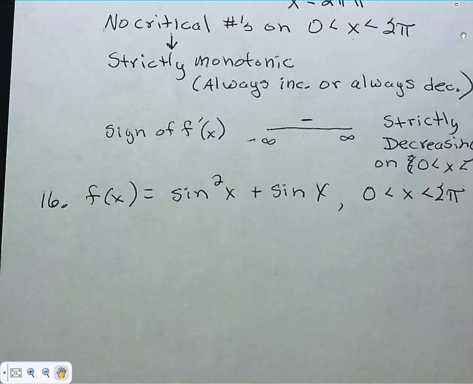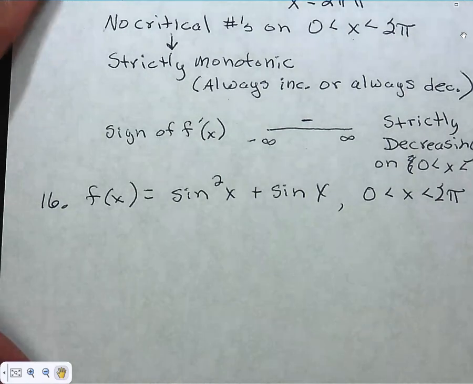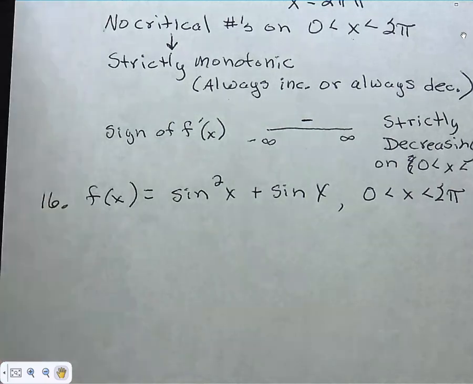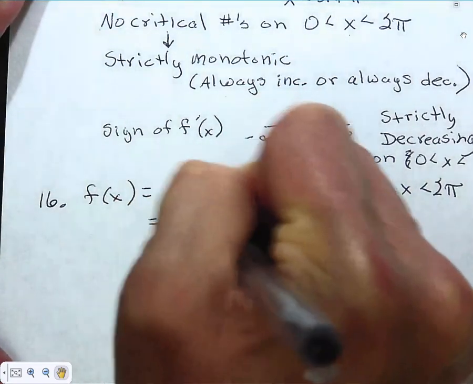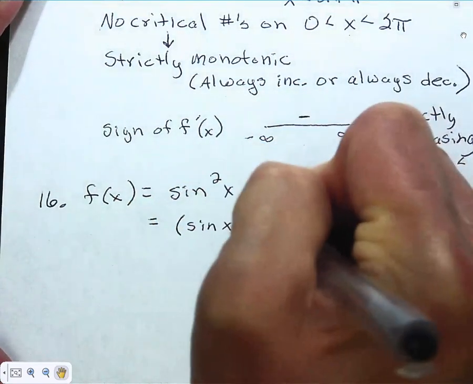Are there any discontinuities? Sine doesn't have any discontinuities. So we're ready for critical points. And where do we find critical points? Find what makes the derivative either 0 or undefined. How should I write that function before I start any calculus? I would be less likely to make a mistake if I wrote that as sine x squared.